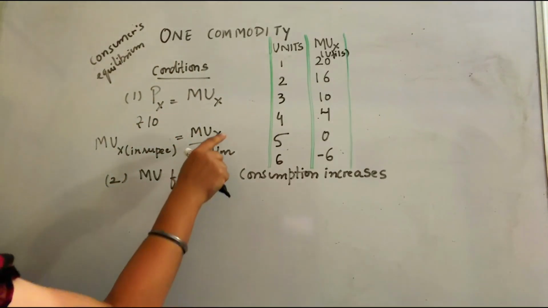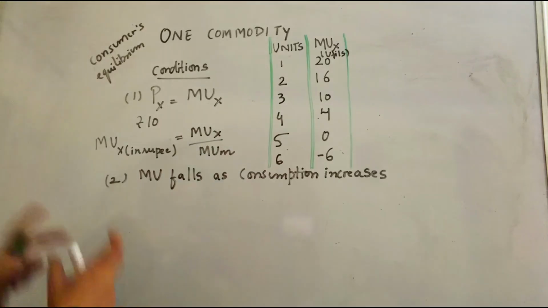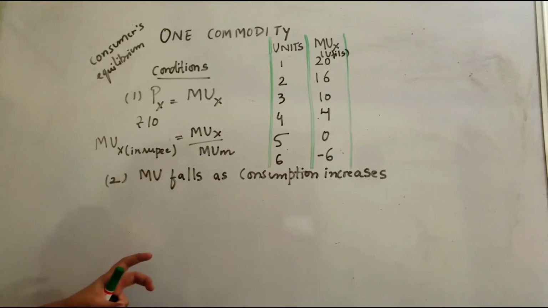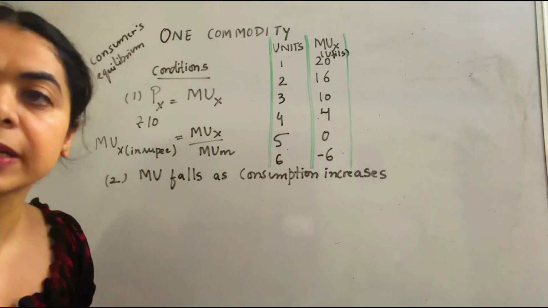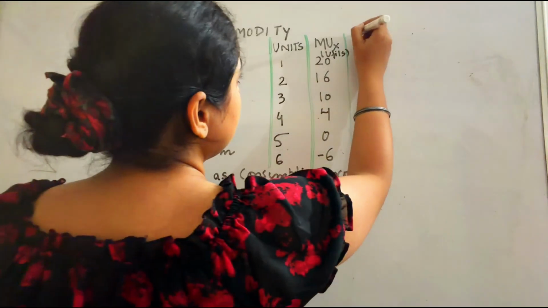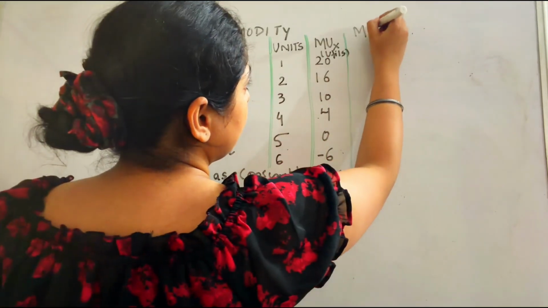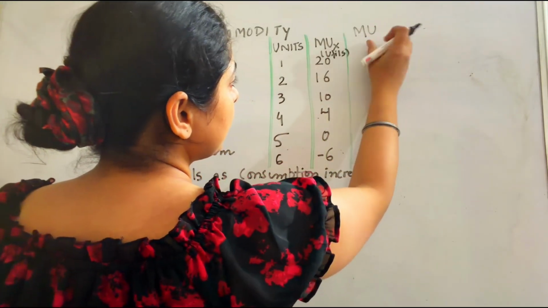We have assumed that the marginal utility of money in the given case is 1, and therefore I convert marginal utility of X in terms of money.